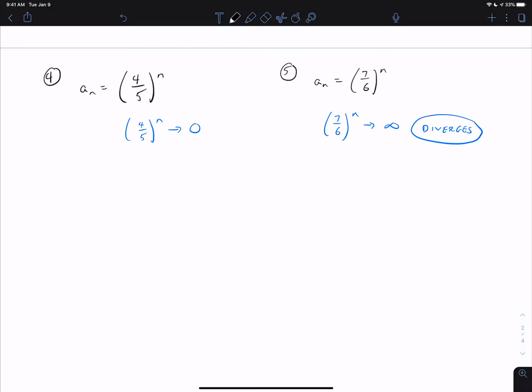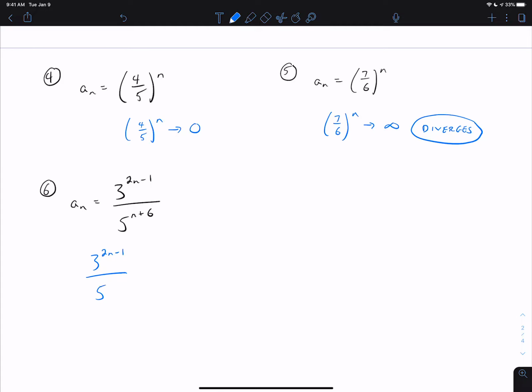Okay, so let's look at a more complicated example. If I have the sequence a_n equals 3^(2n-1) over 5^(n+6). Here we only have one term on top and one term on bottom, but we're going to do some algebra that's a little bit different.